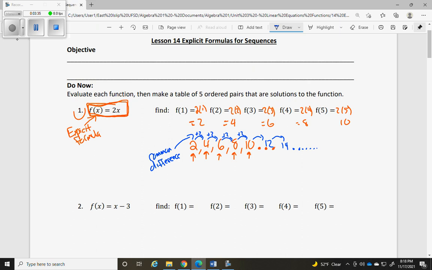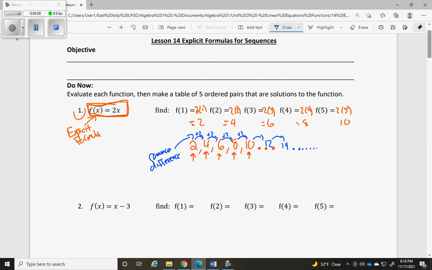It's like a constant rate of change, like what we've been talking about these last couple of days with our linear functions. If the rate of change is constant, we said it was linear. This rate of change is constant. I keep on adding on 2 to get to the next number in the sequence. But instead of calling it a constant rate of change, they're calling it a common difference.